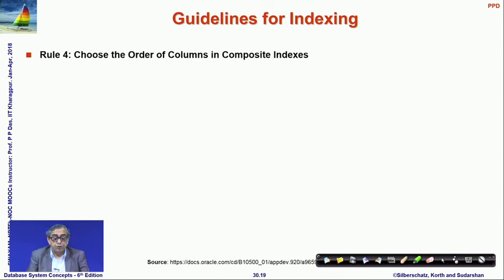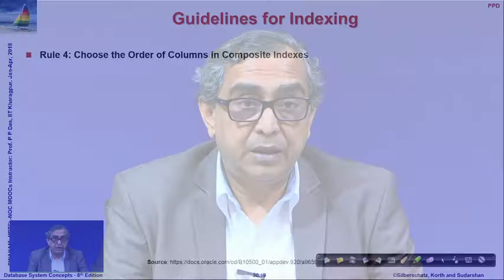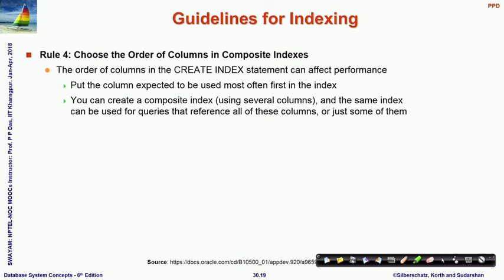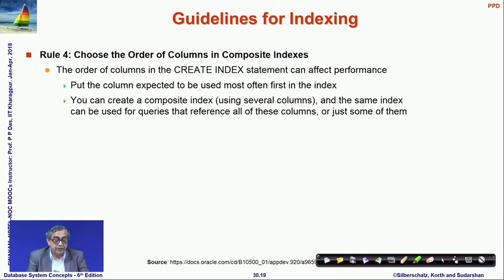Rule 4, choose the order of columns in the composite index. You have already seen a couple of slides back the impact of ordering of the columns in a composite index. So, the order of columns in the create index statement can affect performance.